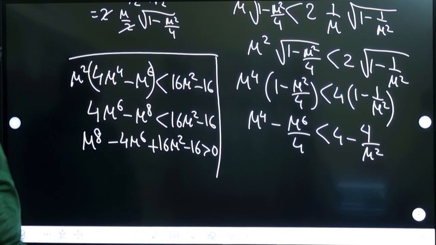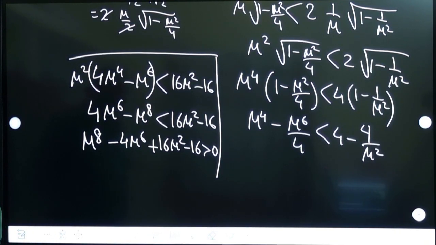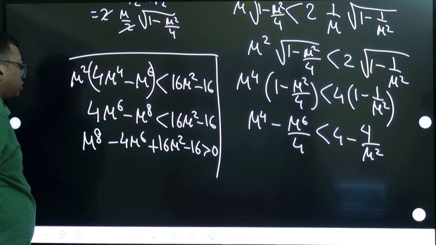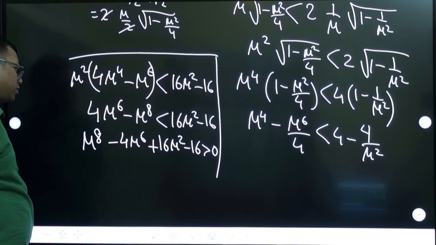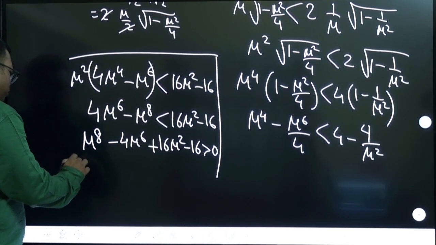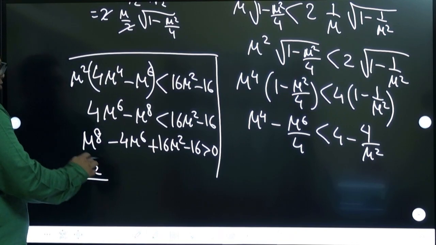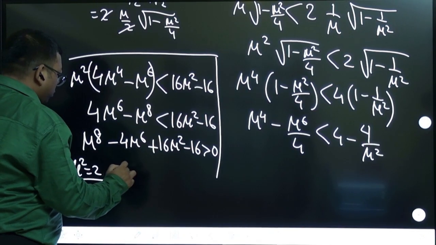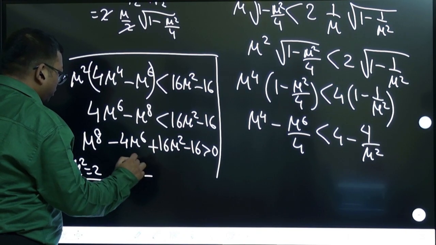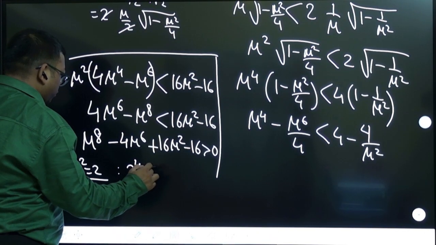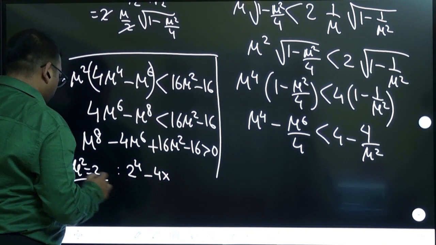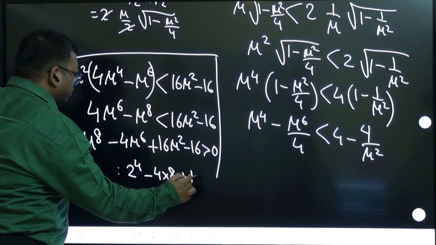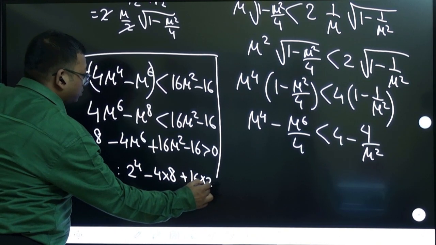But check what value of mu square we get. Suppose I put mu square as 2. Does it satisfy this equation, equal to 0? So this becomes mu power 4, that is 2 power 4, minus 4 into cube, that means 8, plus 16 into 2 minus 16.